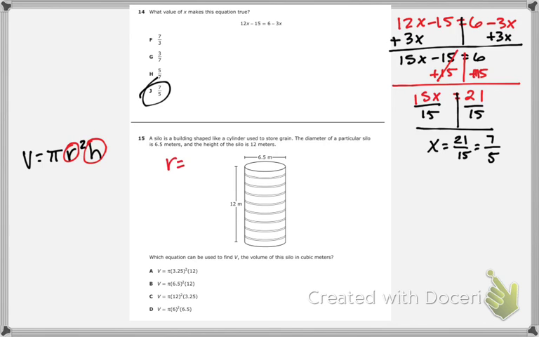So r is not 6.5, it's going to be half of 6.5, which is 3.25. Okay, and our height is 12. So what we're looking for is pi 3.25 squared, and then our height. Okay, here they have parentheses, so we can put parentheses around the numbers like this. Right, so we got pi 3.25. A is our answer.